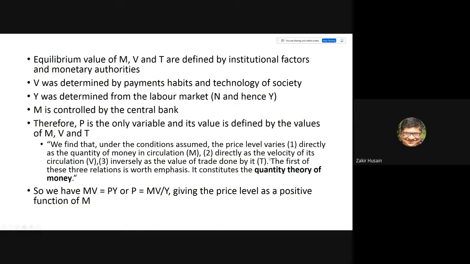Fisher uses T, but we can also use Y here if we use the second alternative formulation of the quantity theory, MV equal to PY. This is the quantity theory of money. So given V, Y, and M, we can solve for P, and this P is the equilibrium price.